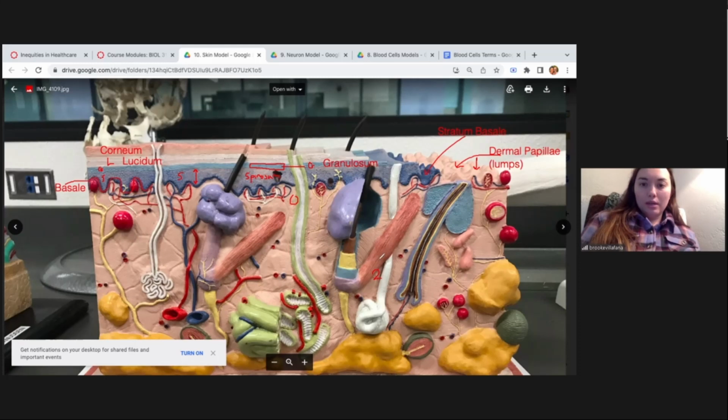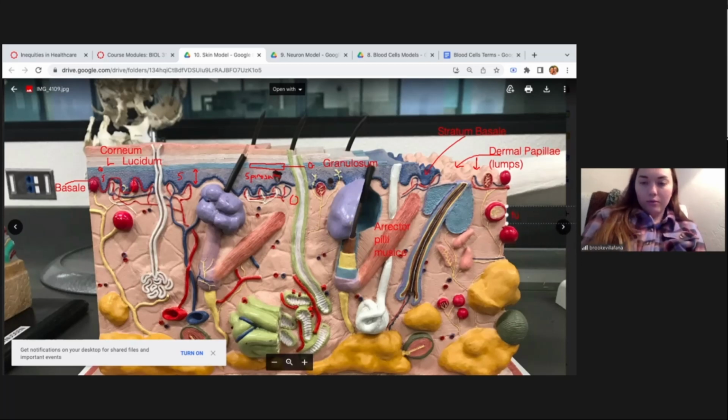You guys see this muscle here? There's a muscle that goes alongside the hair follicle. That is called your erector pili muscle. So it does have a function. The function of the erector pili muscle, I can figure out where to write this. Can't really see that very well.